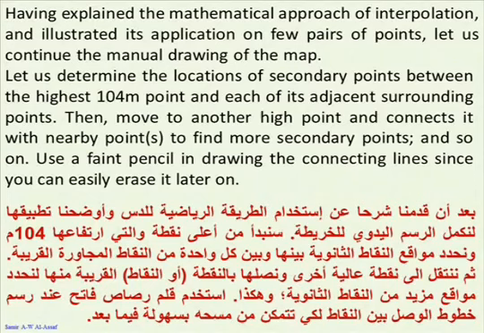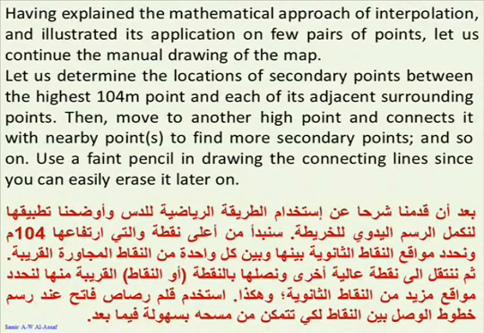Having explained the mathematical approach of interpolation and illustrated its application on a few pairs of points, let us continue the manual drawing of the map. Let us determine the locations of secondary points between the highest 104 meters point and each of its adjacent surrounding points. Then move to another high point and connect it with nearby points to find more secondary points, and so on.